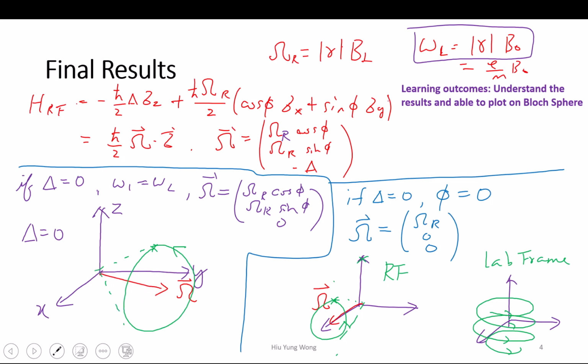Yeah, it's a good point. It's only on the base of the cone that it is rotating. Right? Doesn't look very useful yet, but it will be useful later when you start seeing how this Hamiltonian is related to the rotation on the Bloch sphere.